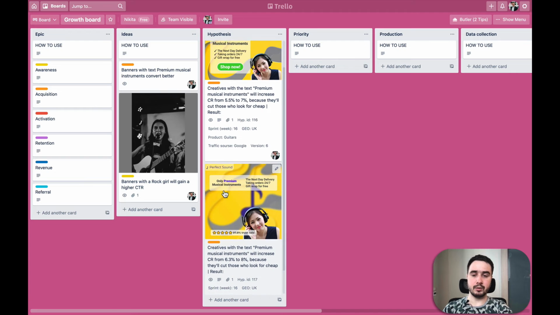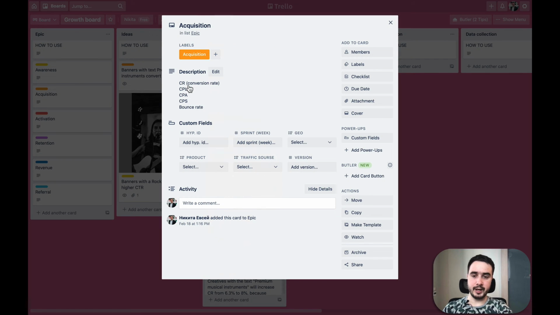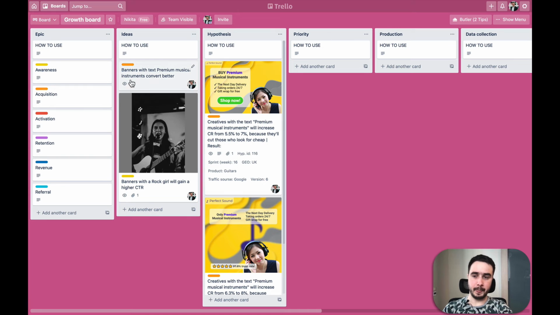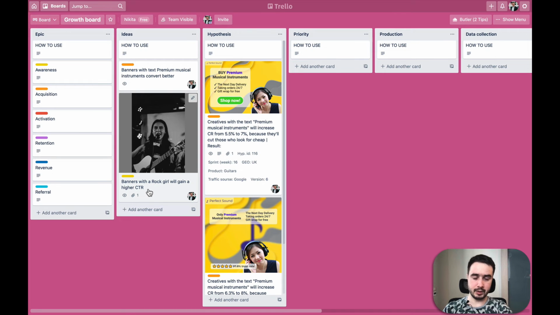Usually when you test your creatives, they don't affect your conversion rate that much, but they affect CTR on a large scale. This means that most hypotheses of your banners will have statements like: these creatives will increase CTR from 16% to 17%, and so on.